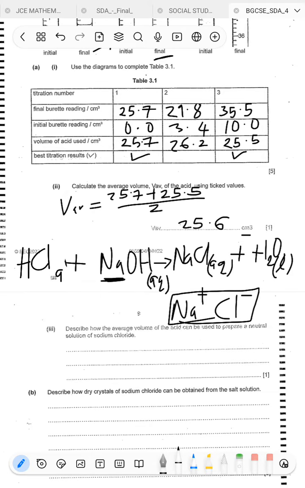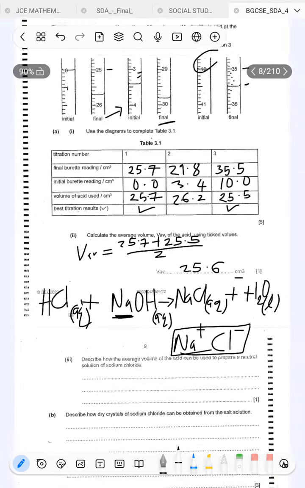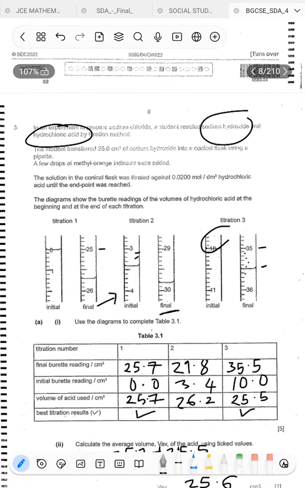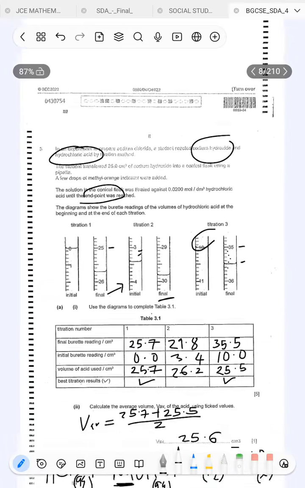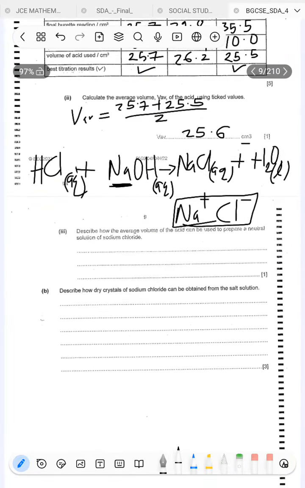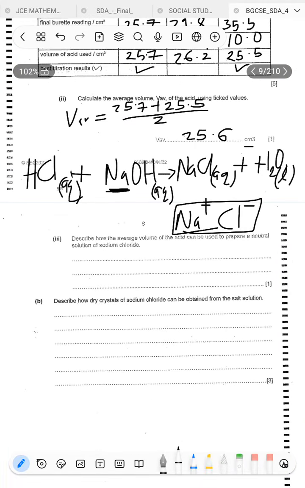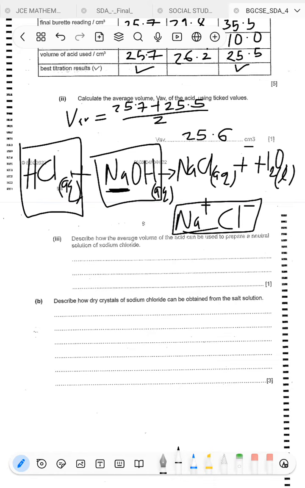HCl, aqueous. Now there's another point that was mentioned here. This happens until we reach what? Until we reach endpoint. What is endpoint? Endpoint is when all of the base or the alkali has reacted with our acid and has been completely neutralized.